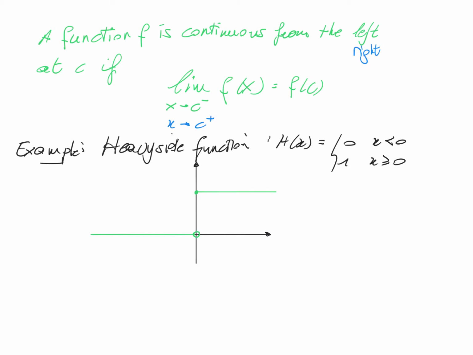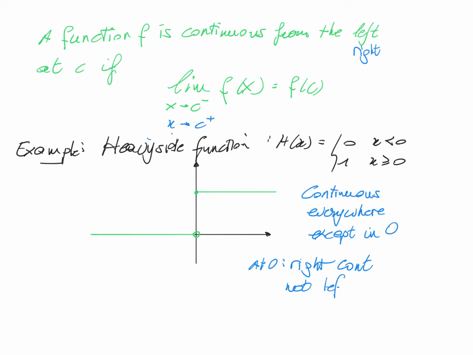Clearly, the function is continuous in every point except in the point 0. Why? Because for all points except for 0, the function value is equal to the limit value. However, at the point 0, the function is right continuous, but not left continuous.